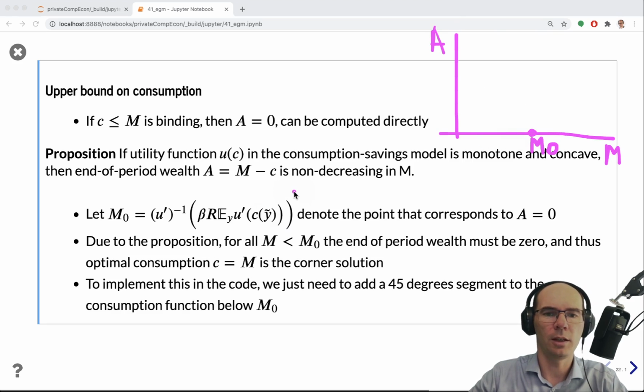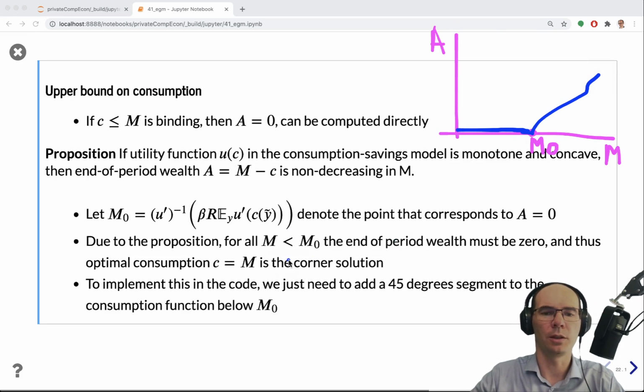Now, A is non-decreasing, so it could not be that A is something positive and then goes down to be 0 at M naught. No, it's impossible. So A must be 0 all the way to M naught, and then it can increase due to the proposition. Right?